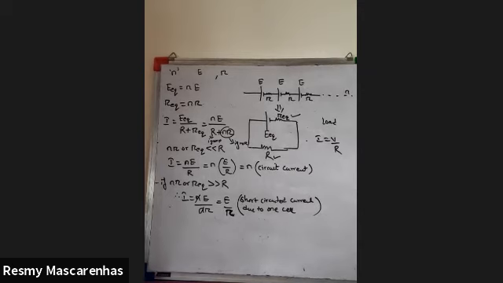Next point, write down. Maximum current can be drawn from series combination of cells if external resistance is very large as compared to equivalent internal resistance.